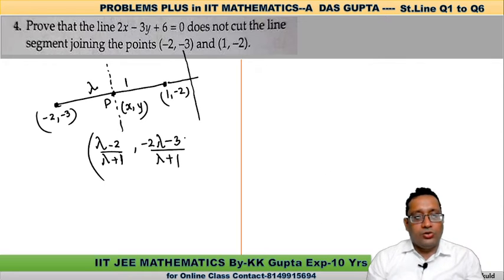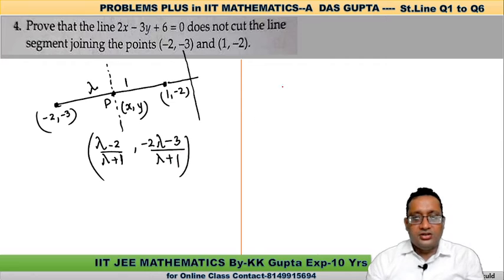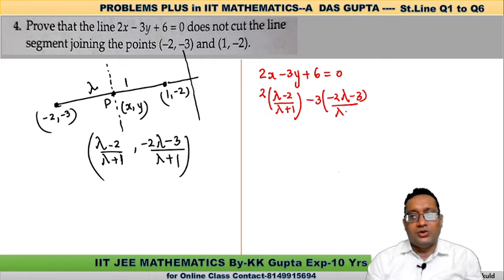This x and y coordinate must satisfy the line equation, 2x minus 3y plus 6 is equal to 0. I am placing here 2 times (lambda minus 2) divided by (lambda plus 1), minus 3 times (minus 2 lambda minus 3) divided by (lambda plus 1), and plus 6.